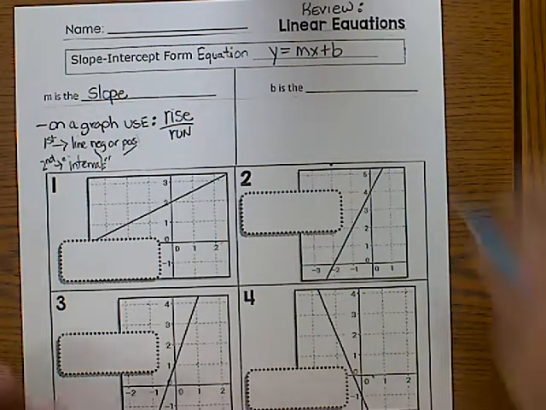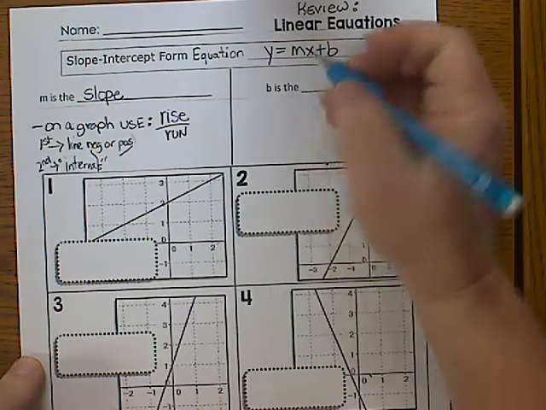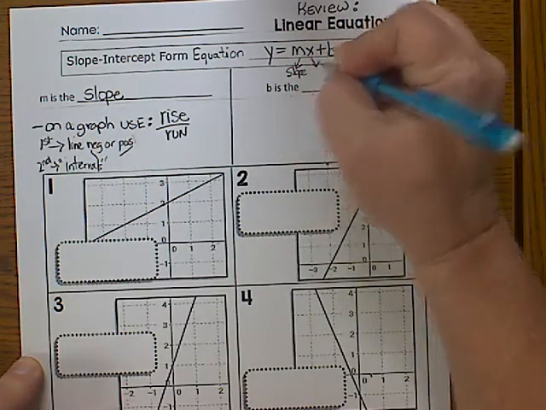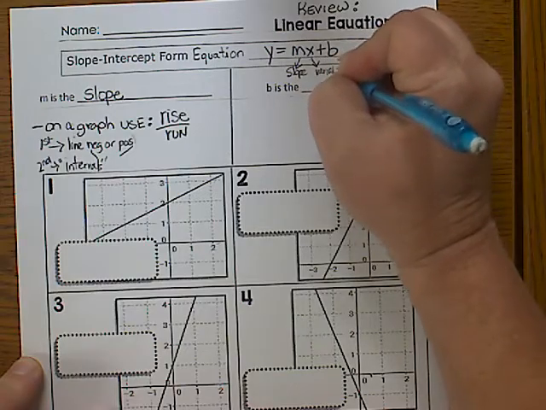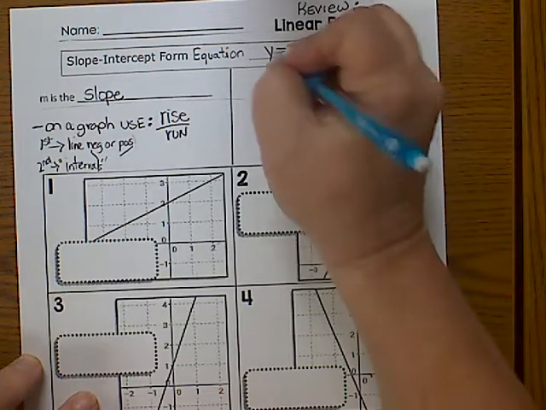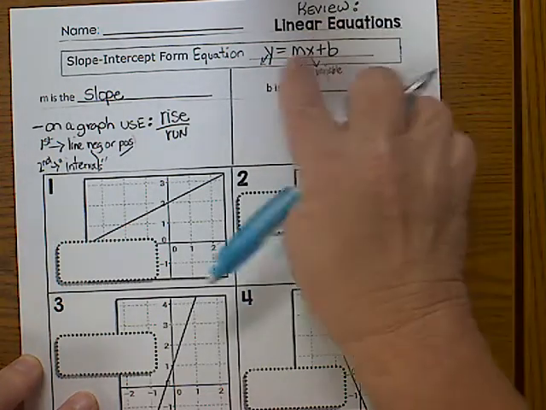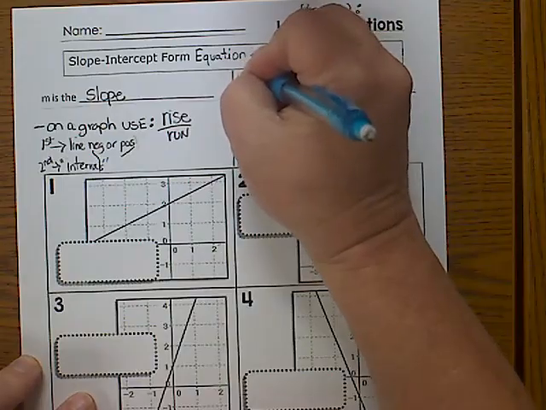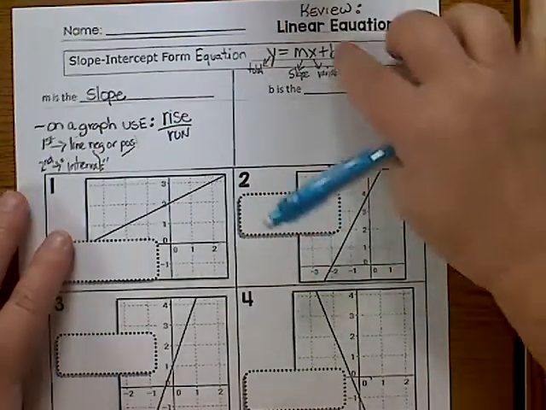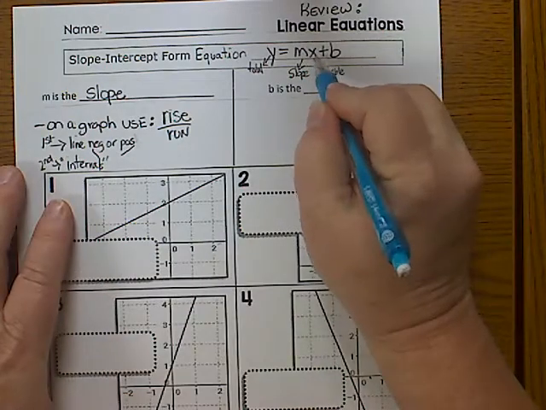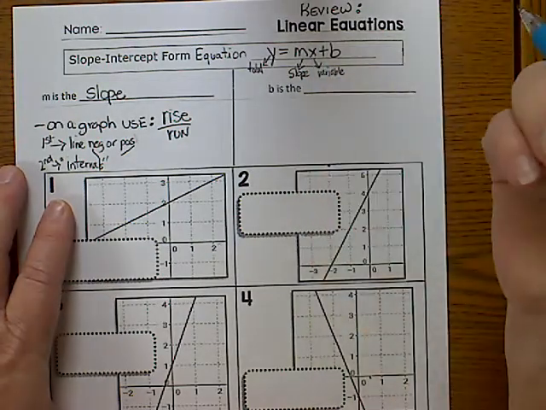Slope does not include the x. So m is slope, x is the variable, and it could be a p, a q, a c, whatever it might be. Y is like your total, what all this other stuff equaled when put together. Because your m and your x are next to each other, you're multiplying.